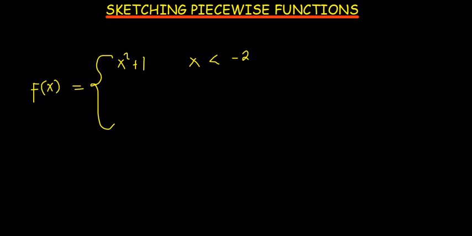And then let's say the function is equal to 2 when negative 2 is less than or equal to x, which is less than, let's say, 3, and then the function is negative square root of x plus 2, and this is for x greater than or equal to 3. Now I want to sketch this function. How do you go about it?